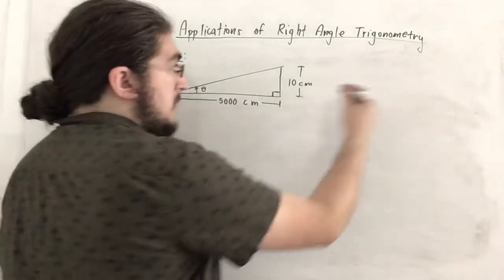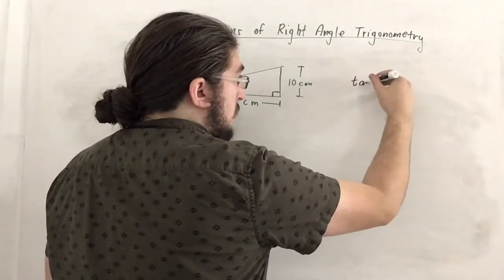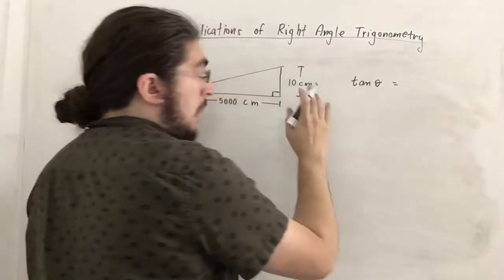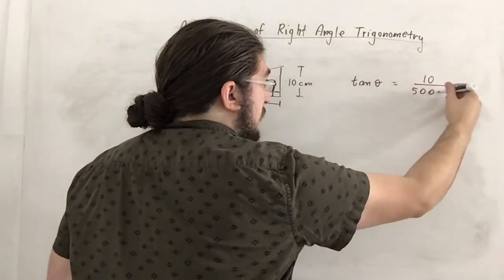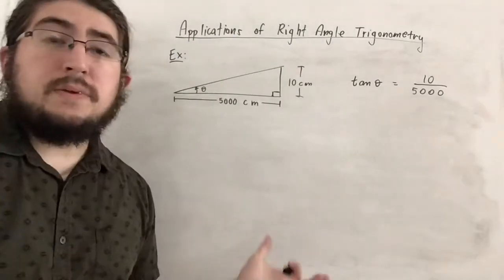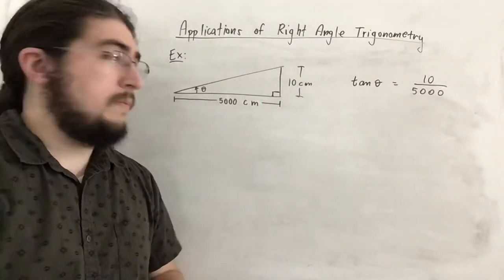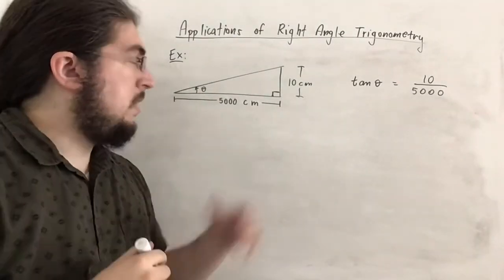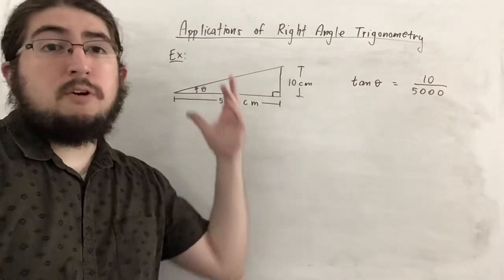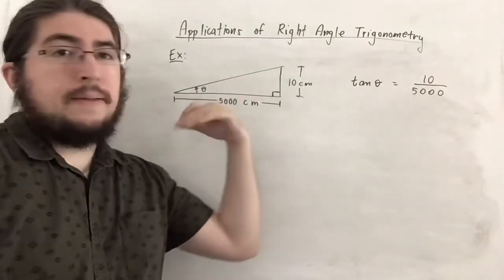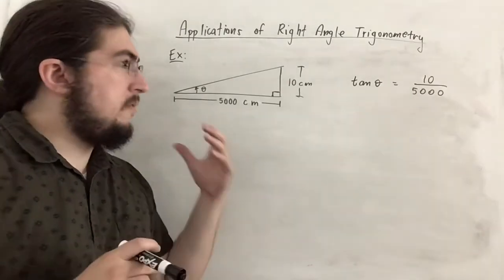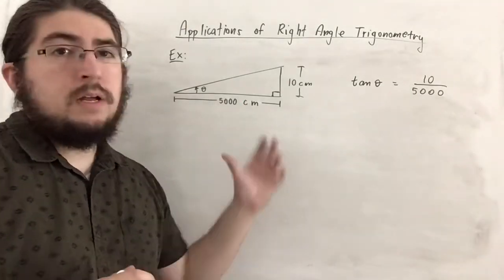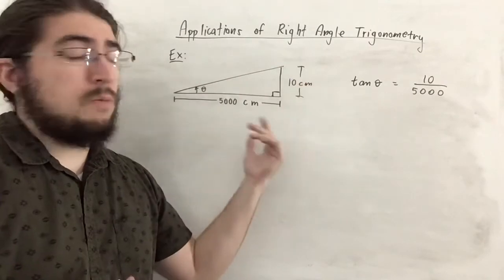We're going to take tangent of theta. Now when we do that, we get tangent of theta is equal to opposite over adjacent. So it's 10 centimeters over 5,000 centimeters. Notice centimeters over centimeters cancel, so the unit doesn't really matter. In fact, if they were both in meters, we would get the same quotient, which is a little weird, but if you want to convert this into meters, again, I said it would be 1/10.